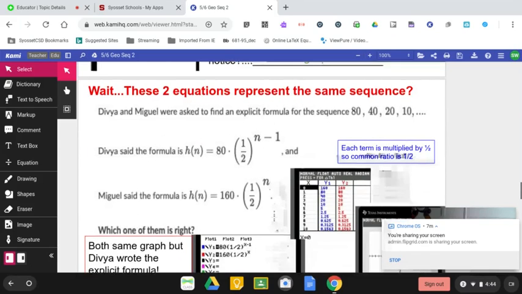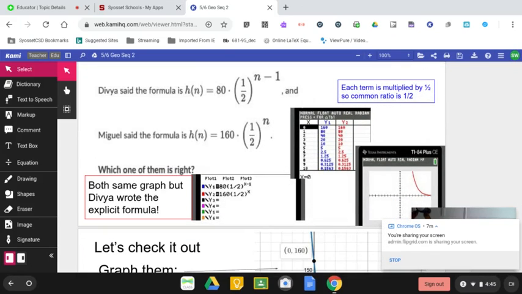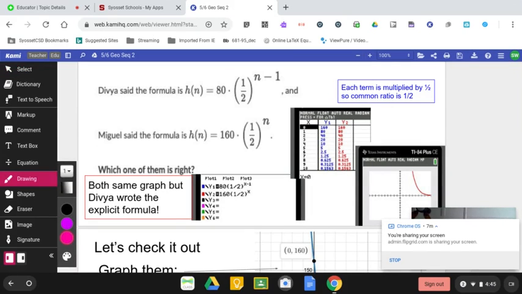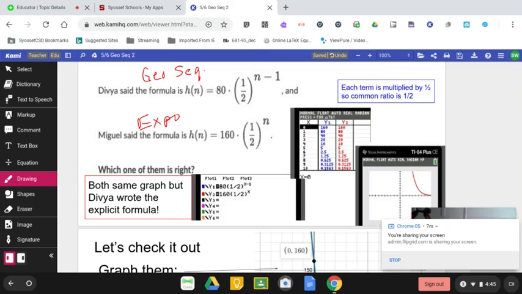So here we have Davia and Miguel talking about two functions that look different, but are actually the same function. In this case, Davia is using the explicit geometric sequence form, and Miguel is using the exponential function. If you type these into the y1 and y2 in your calculator, you'll find that the table is exactly the same.